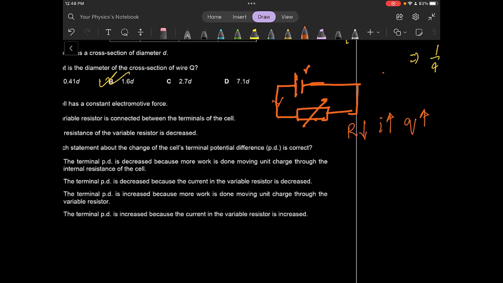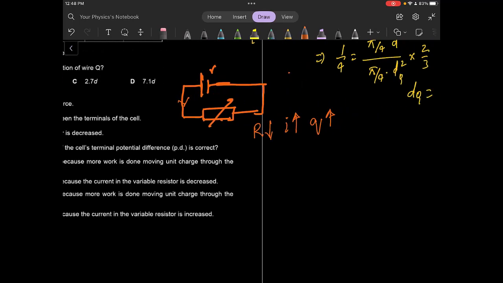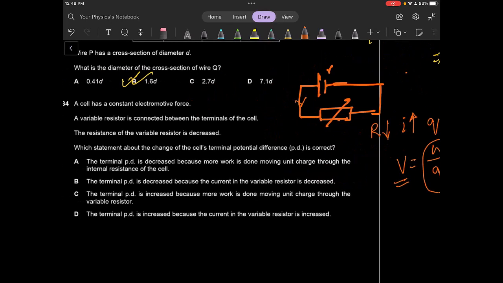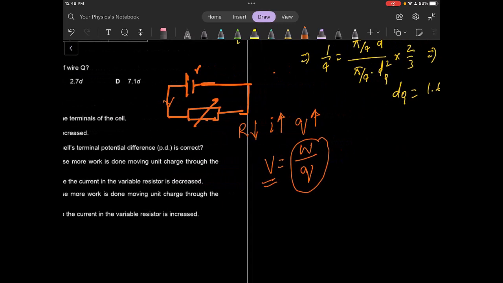Now we know that the terminal potential difference across a battery is the work done per unit charge through the battery. Now the charge has increased, so this value will decrease, so the potential difference will decrease.